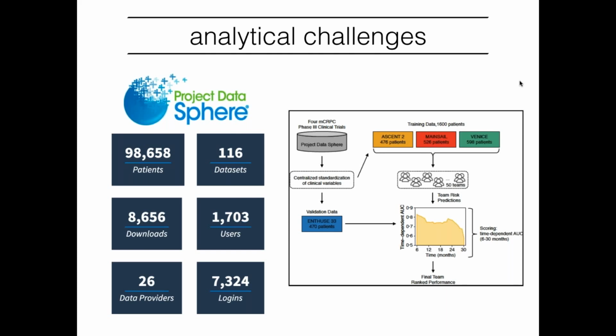And so Project Datasphere has amassed almost 100,000 patients from a number of different clinical trials, mostly in oncology. And there are some stats there on the left about the data sets that they have amassed and the number of downloads, users, et cetera.